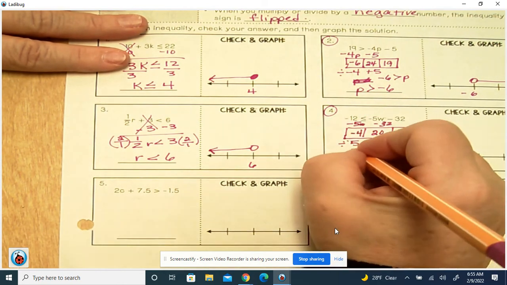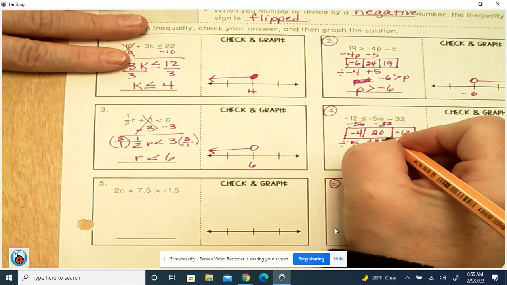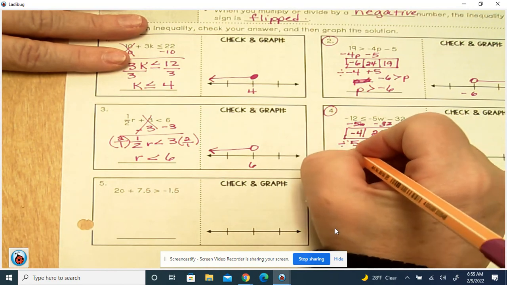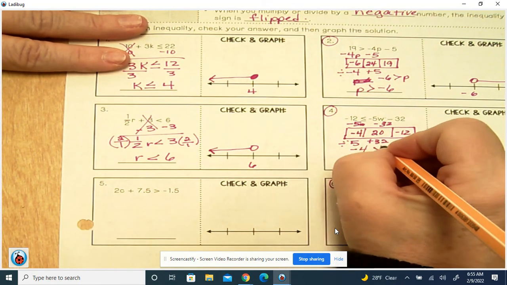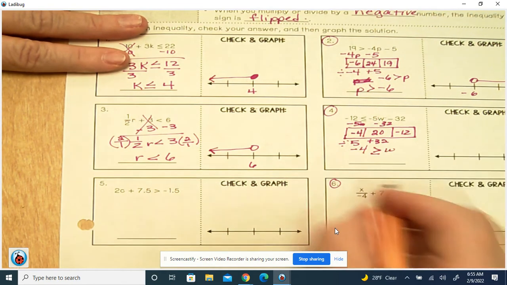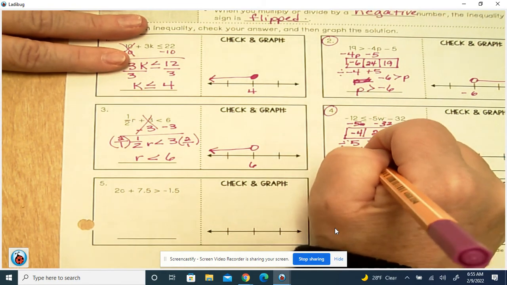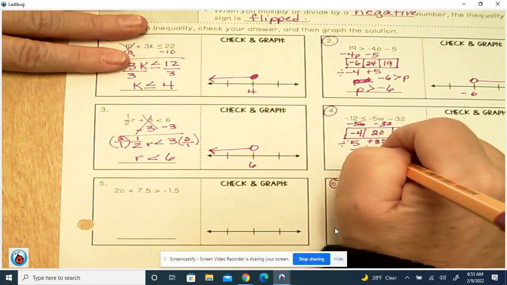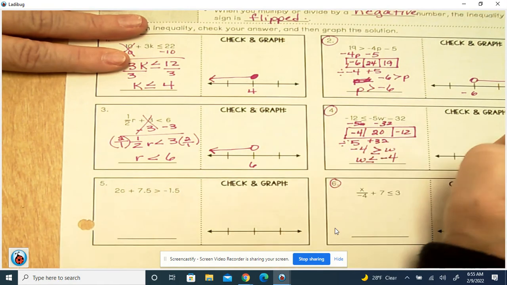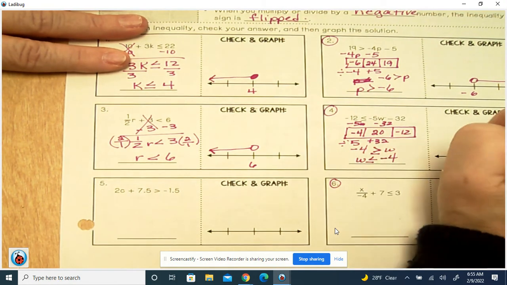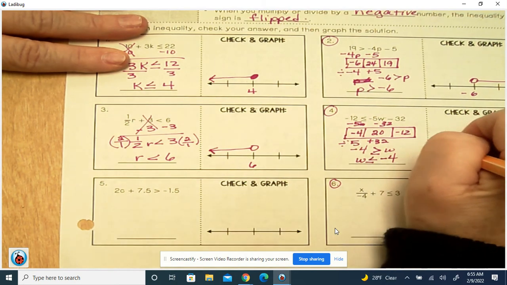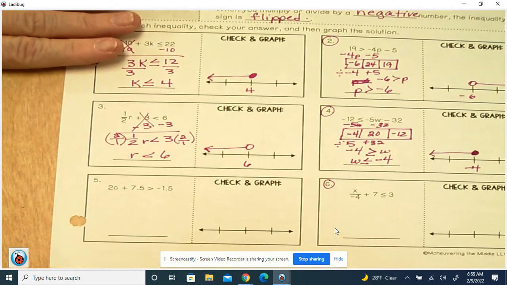So that would be a negative 4 is greater than or equal to W. We flip the sign. To flip it how you're used to seeing it, W is less than or equal to a negative 4. It has the equal sign with it, so it's a colored in or closed circle, shaded to the left.